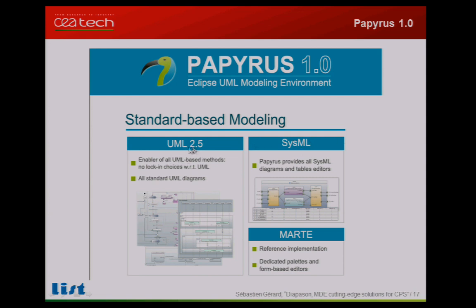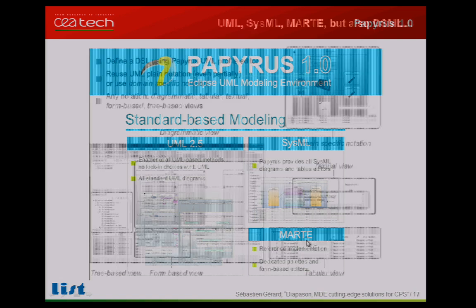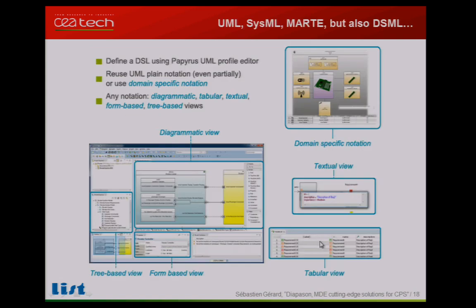It supports UML 2.5, the last version of the standard, SysML and MARTE, which are the two main extensions of UML standardized by the OMG. The first is for system engineering and the second for real-time embedded design. But it also provides support for defining domain-specific modeling languages.